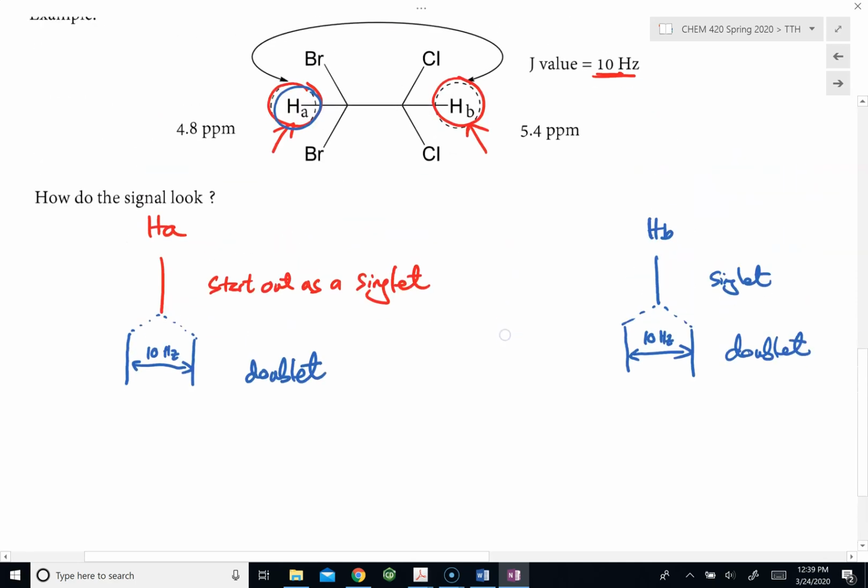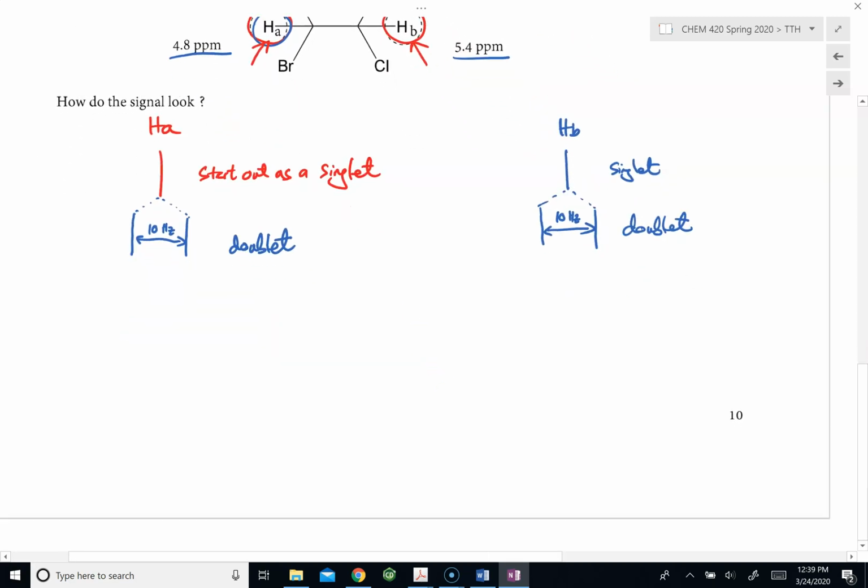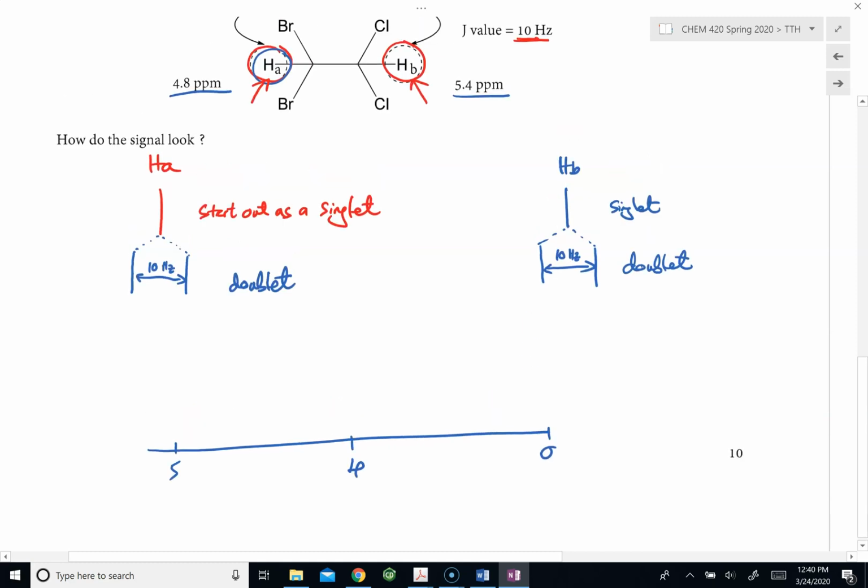The chemical shift of HA is about 4.8 ppm and HB at 5.4 ppm. So if we were to now plot this NMR spectrum, at 5.4 ppm we would see the HB signal, and the HB signal will split into a doublet.